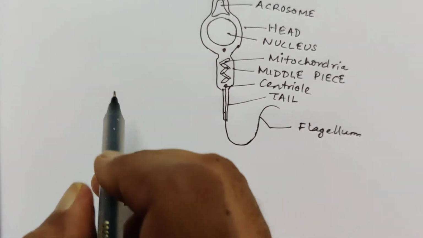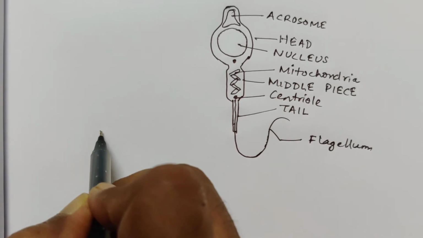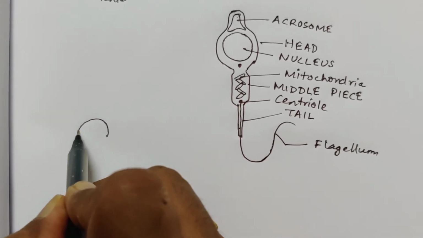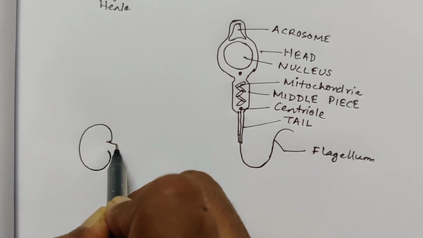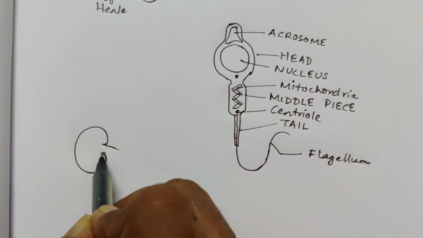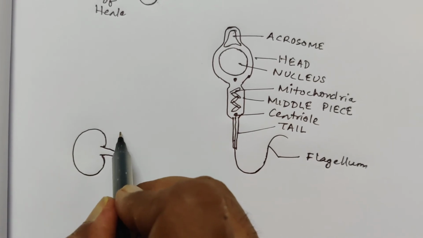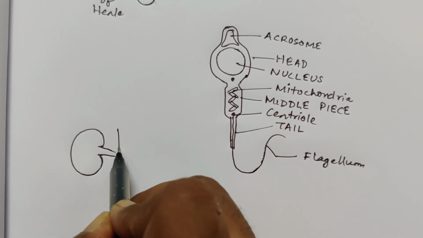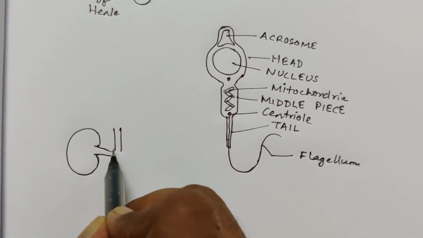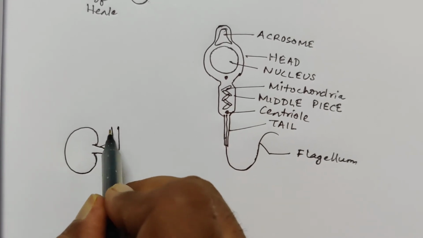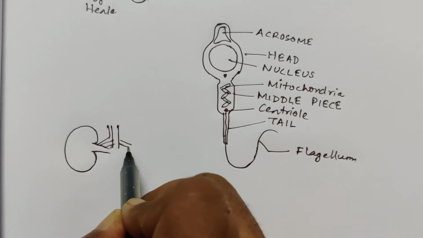Now in ICSE syllabus there is another drawing that you have to draw, that is excretory system. Simply draw it like this, the kidneys, here there are the blood vessels going to both the kidneys.